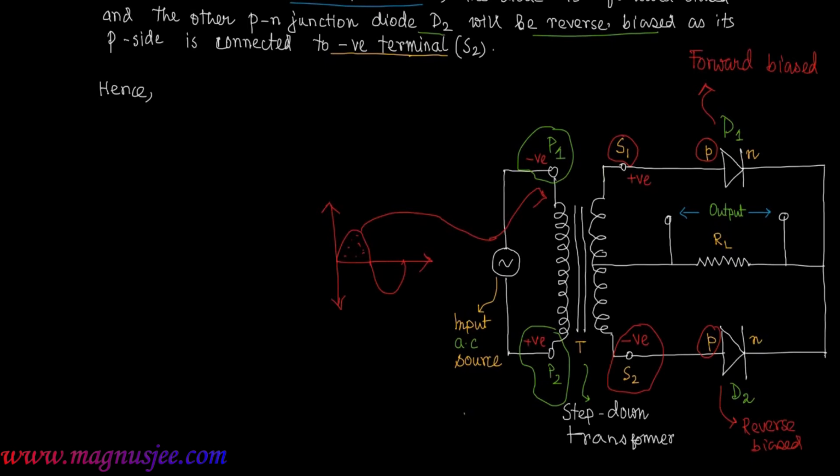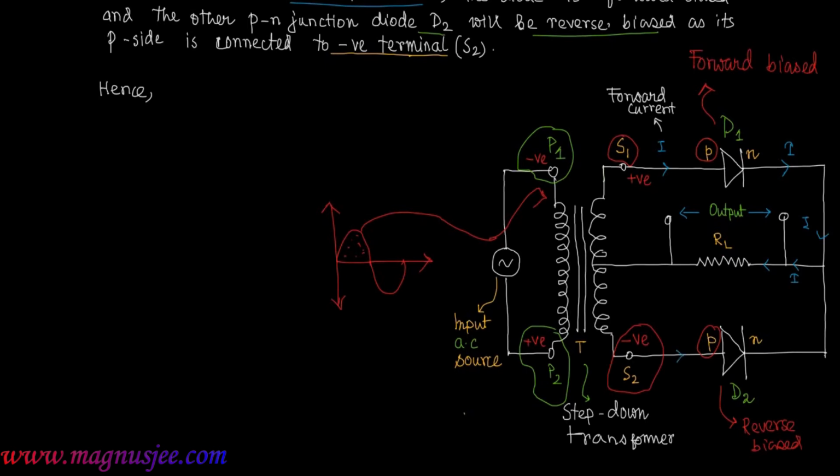And in this case, if we denote the forward current, I is the forward current. This diode offers low resistance, and the forward current will pass through this diode, flowing in this direction.